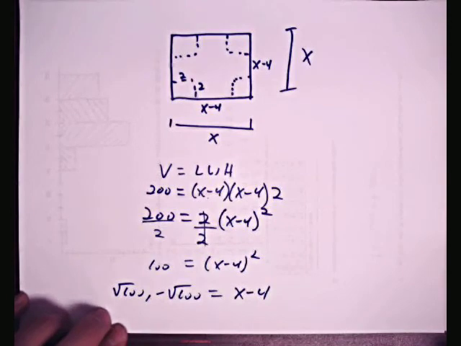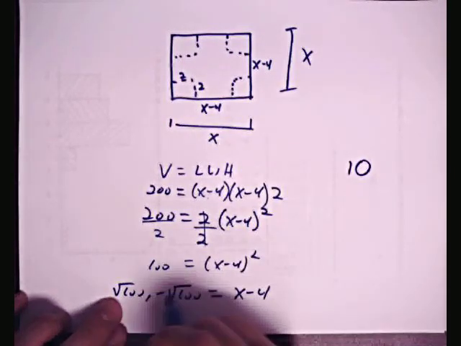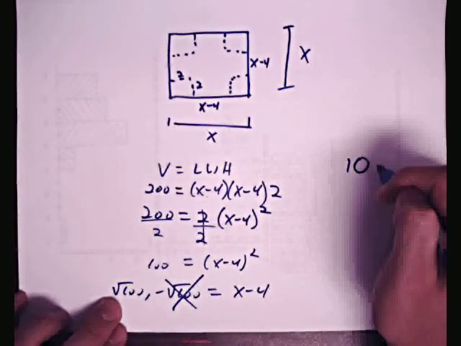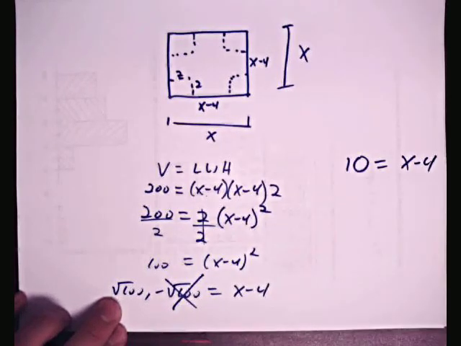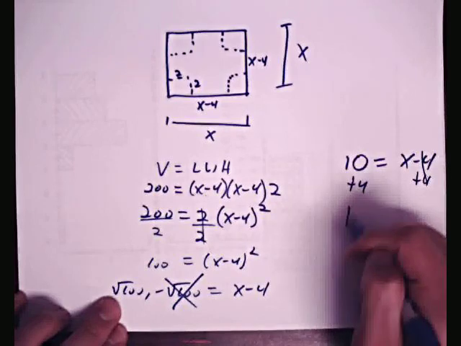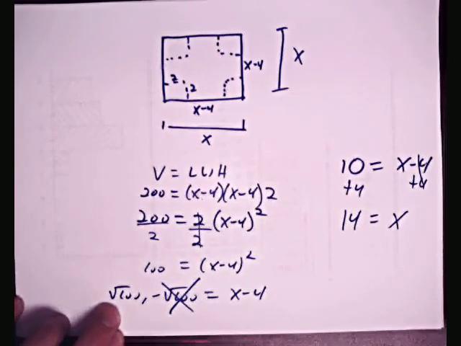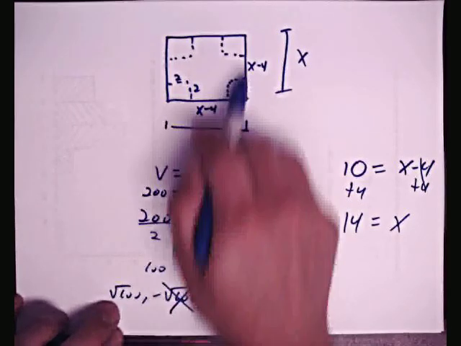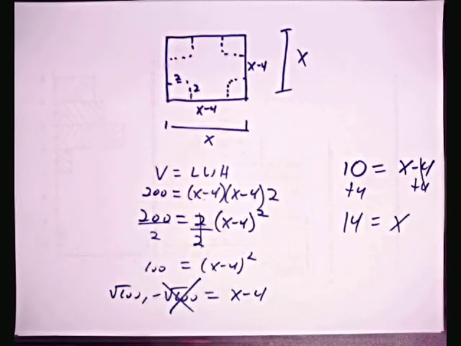If I simplify those, the square root of 100 is 10, and for the negative square root of 100, we don't want to work with negative lengths, so we'll eliminate that one for this real life situation. So 10 equals x minus 4, and the last thing to do is add 4 to both sides. And so 14 inches is what my original cardboard sheet should be. It should be 14 inches by 14 inches. That way I cut out my 2-inch squares and I get a box of the appropriate volume.